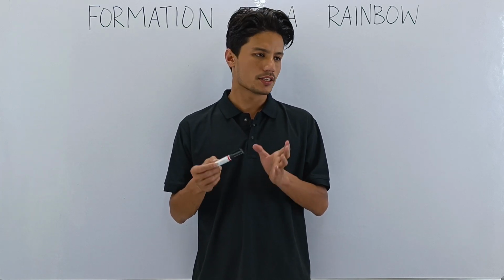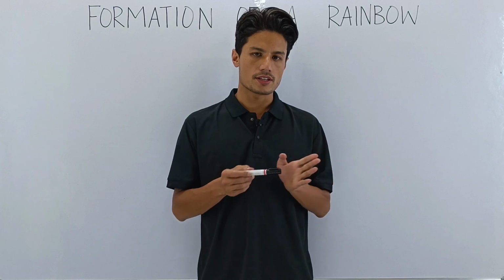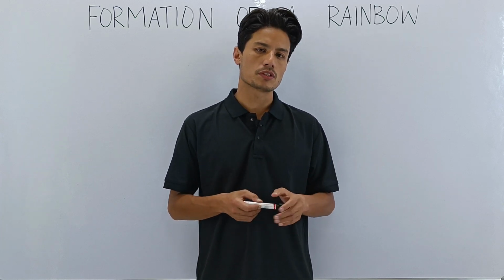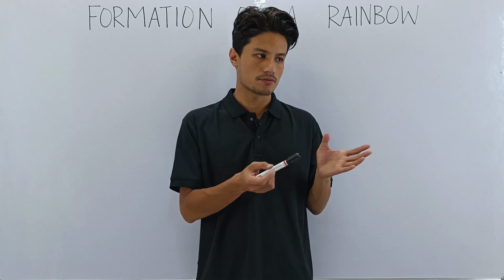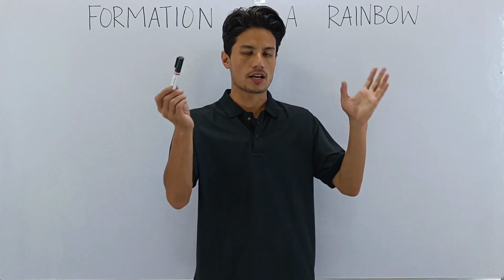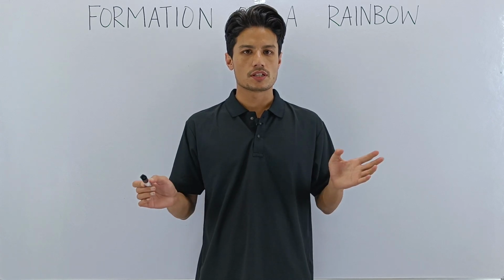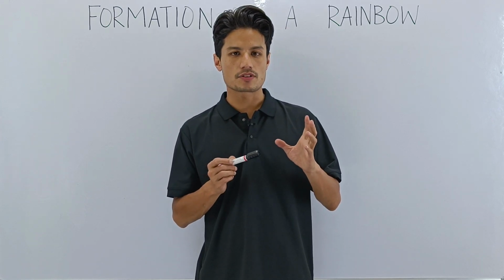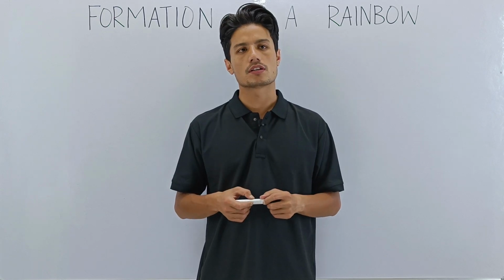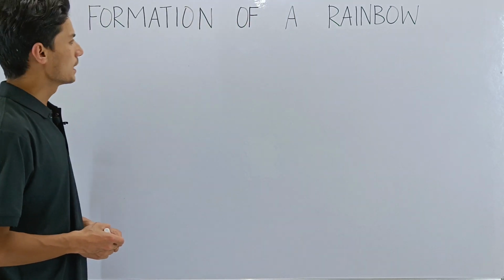In dispersion of light, a single ray enters the prism and then the light gets split into its constituent 7 colors. So basically a rainbow is the same thing happening on a massive scale up in the atmosphere. So let us go deeper into the topic and learn from the angle of science how rainbow formation takes place. So let's continue with the lesson now.